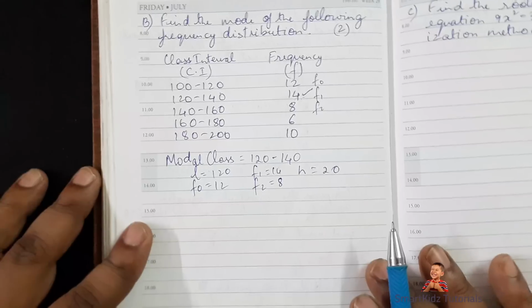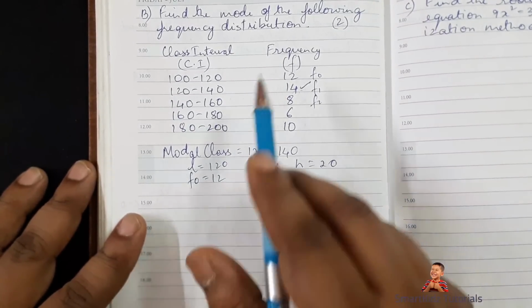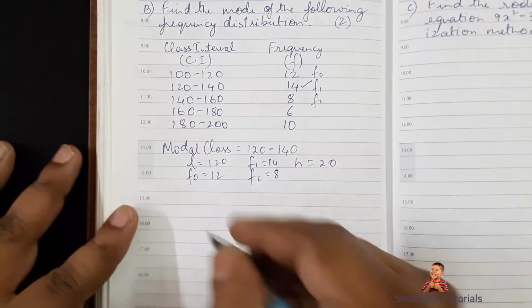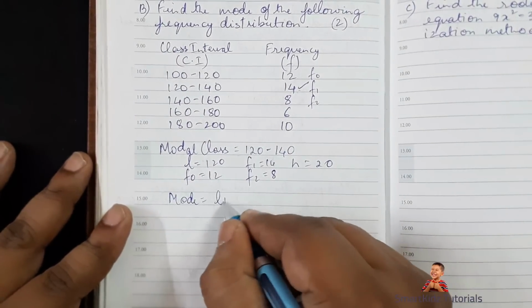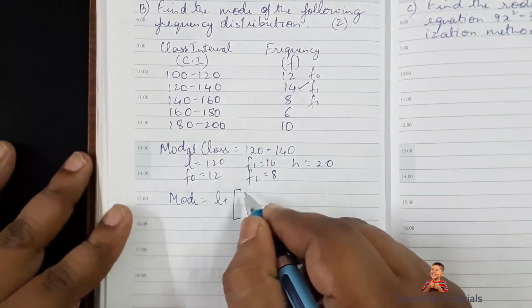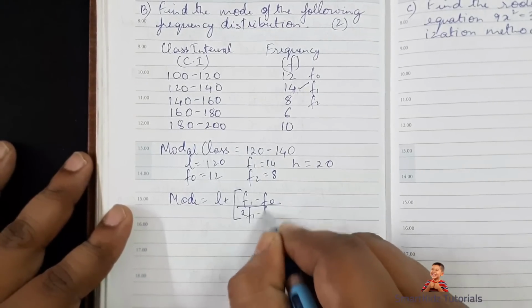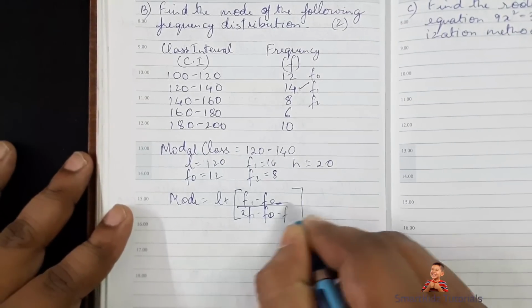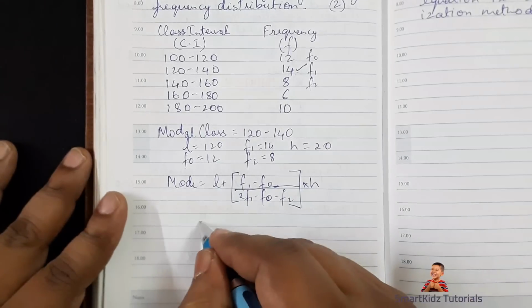Now let's put all these values in the formula to find the mode of this data. So mode is equal to L plus f1 minus f0 upon 2 times f1 minus f0 minus f2, whole thing in brackets, into h. Let's substitute the values.